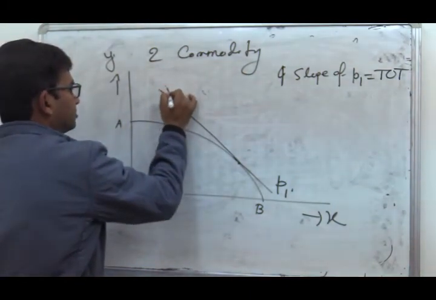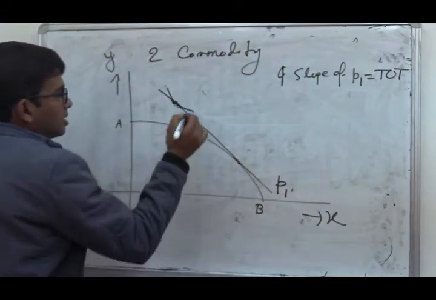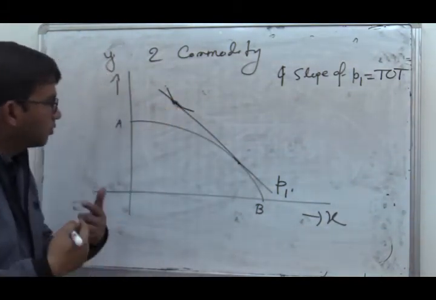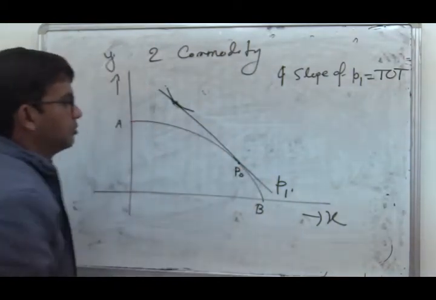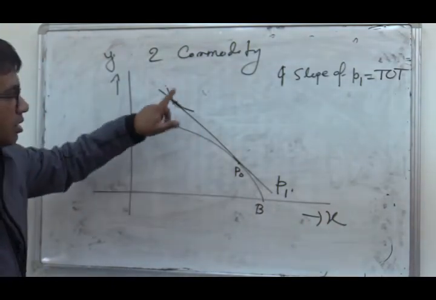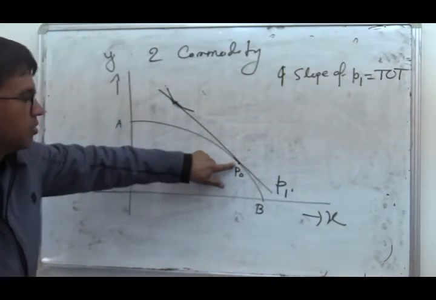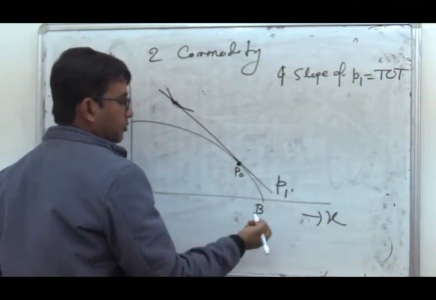Let us consider that before imposition of tariff, P0 is the point of equilibrium. So before imposition of tariff, P0 was the post-trade production point or free trade production point of the country.